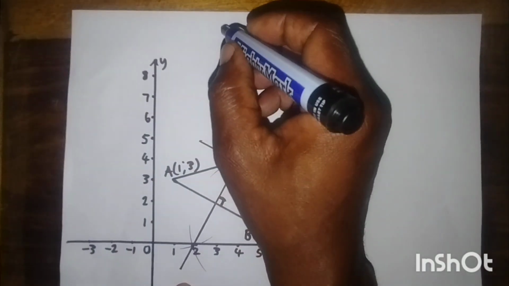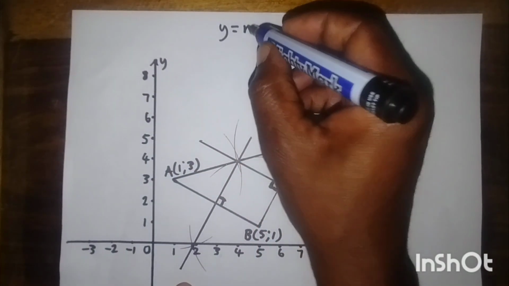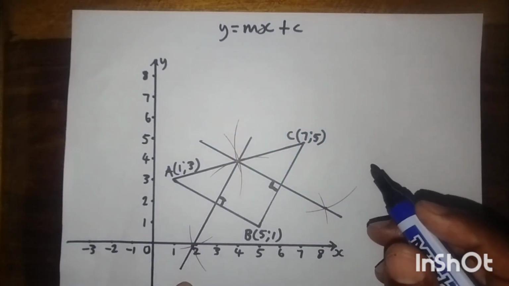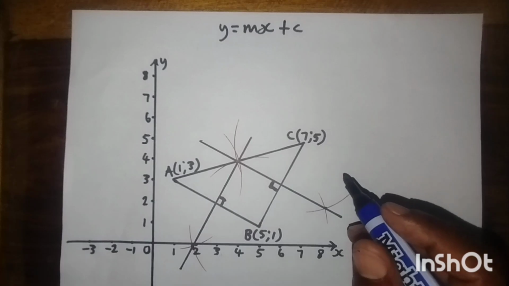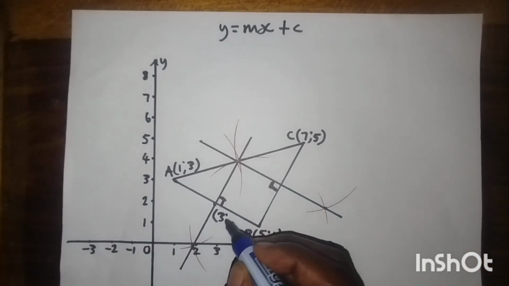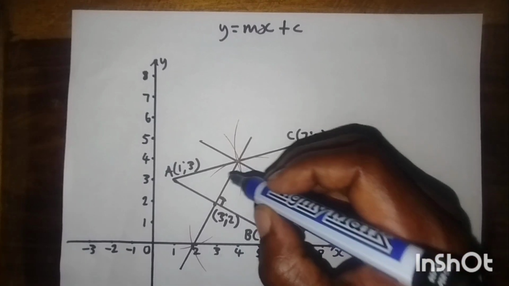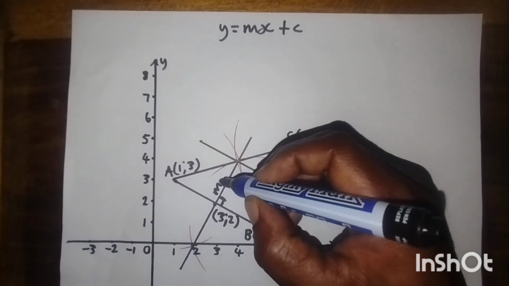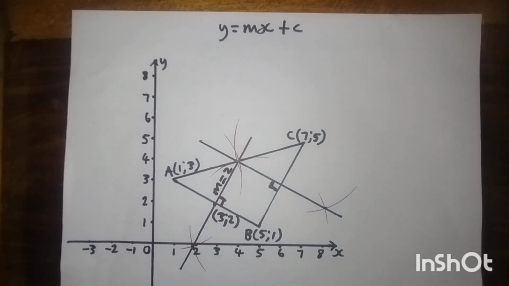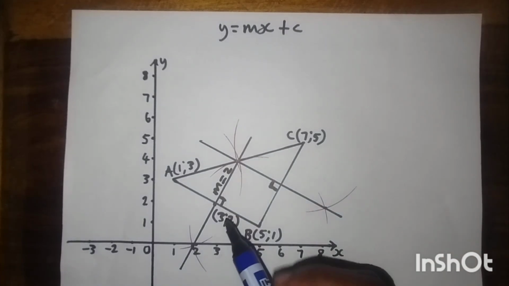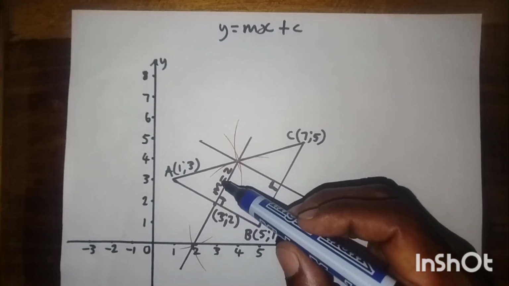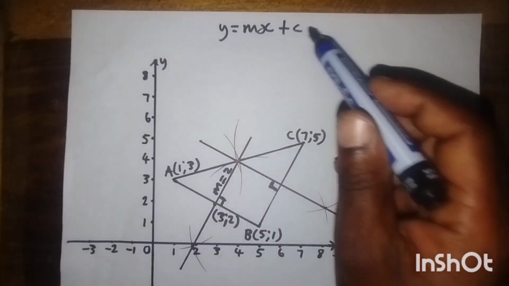Okay, so y equals mx plus c is the standard form for the equation of a straight line. Remember this point here is (3; 2), and the gradient of this perpendicular bisector equals 2. So I want to substitute the coordinates of this point, (3; 2), and this gradient of 2 into this equation.